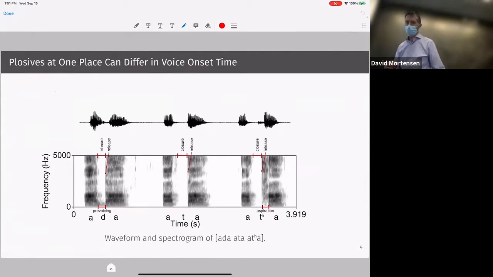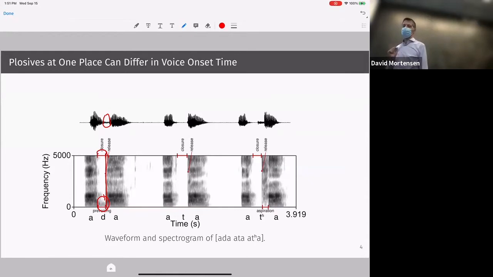here is the release, of course, and the closure is this phase. And if you look down here on the waveform, what do you see? There's little noise. Is the sound periodic or aperiodic, do you think? It actually is periodic.